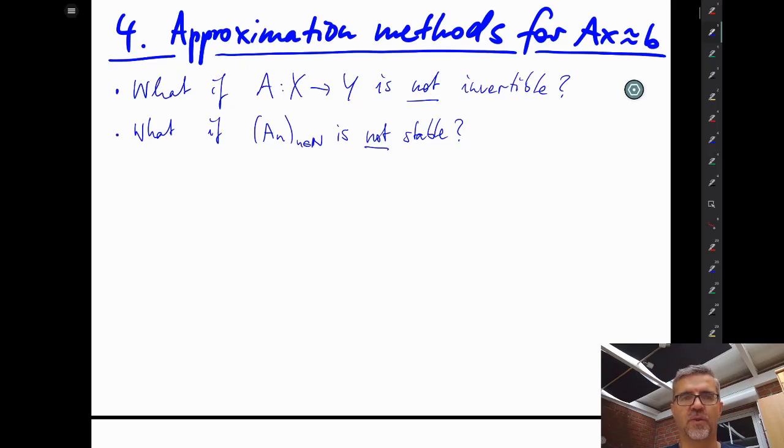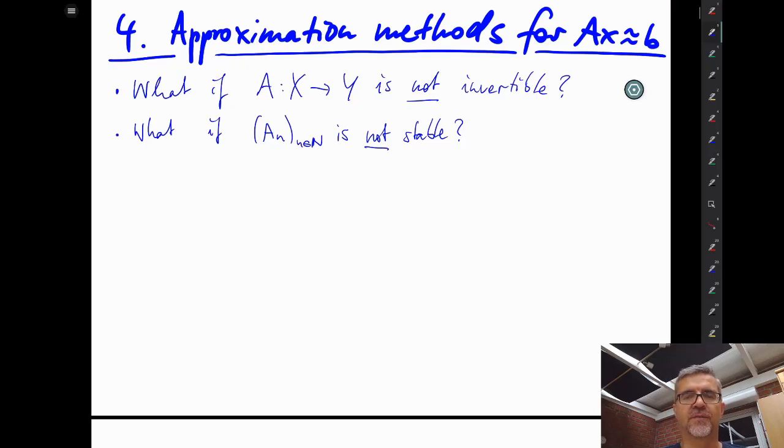This is one of the main questions in Chapter 4, and you can see it in the headline already that we replace AX equals B by AX approximately equals B, which means we deal with least squares problems instead of equalities. Another question that we will deal with in Chapter 4 is, what if my sequence A_n is not stable?